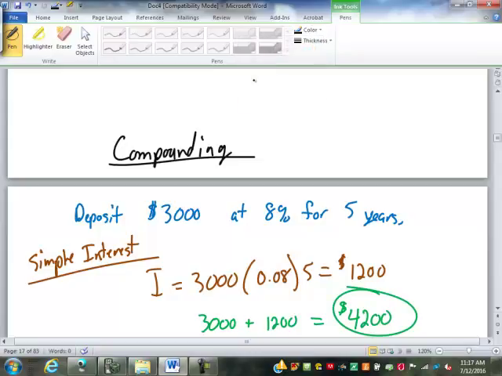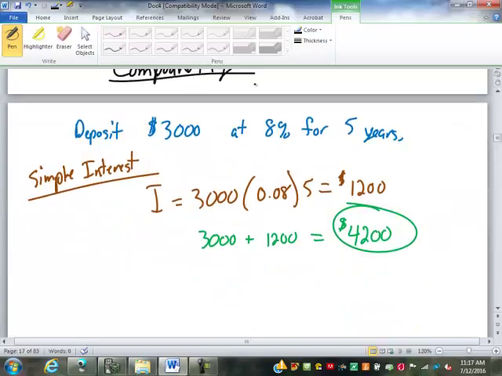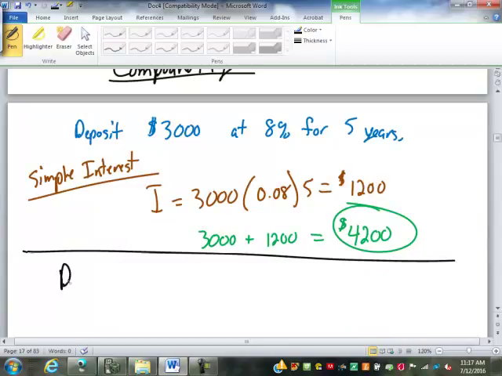Most banks will not use simple interest for anything past 6 months. In fact, some of them don't use simple interest for anything past 3 months, 90 days. They use something called compounding, which means every so often they figure out the interest and they add it in. So we're going to do the same problem with one slight difference.